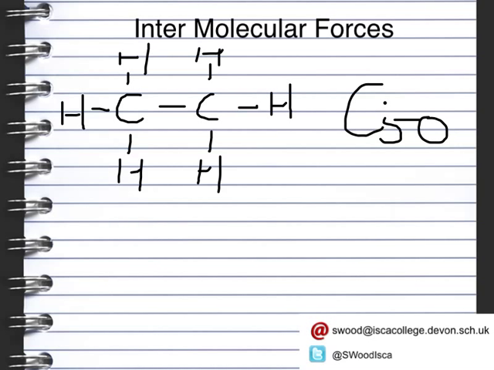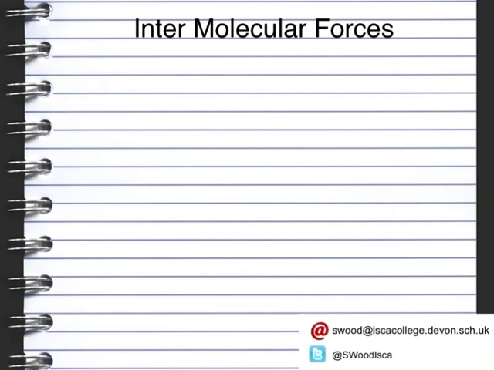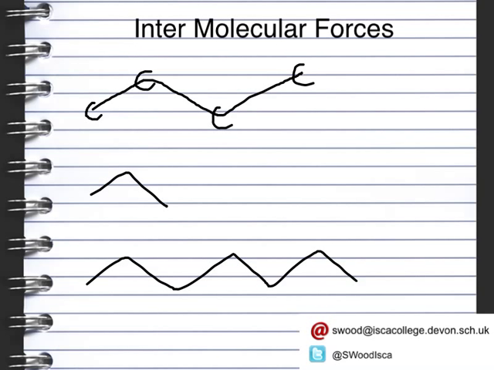Now as we get longer chains, so I'm just going to show you, if we draw our chains like this, with each point being a carbon atom, we can have short chains like this, or we can have very long chains, okay, as we said, going up to 50 carbons long.